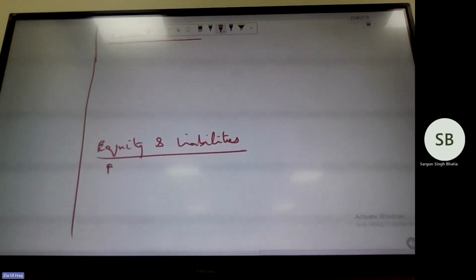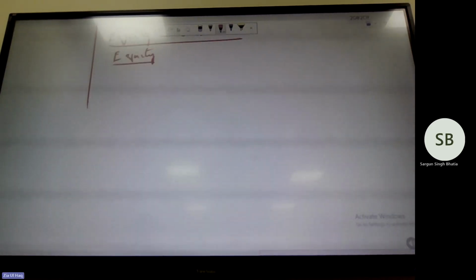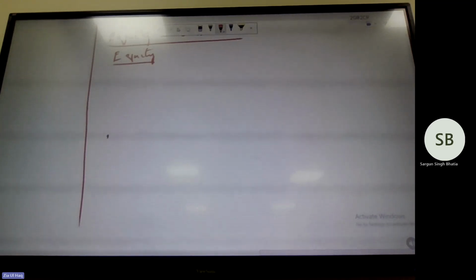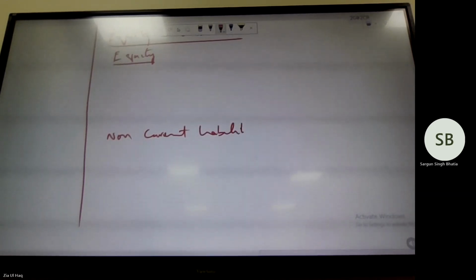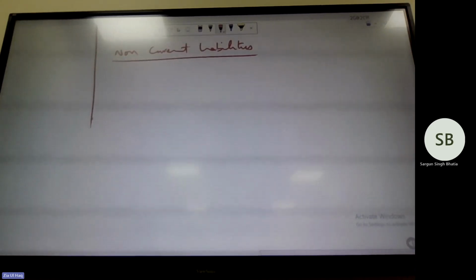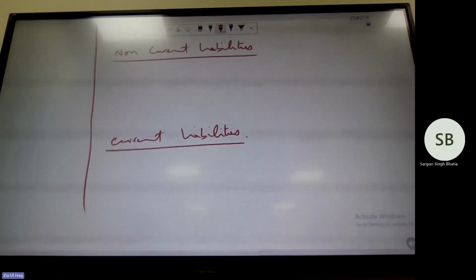We need to mention equity. Then we need to mention non-current liabilities. Then we need to mention current liabilities. And then there will be total.